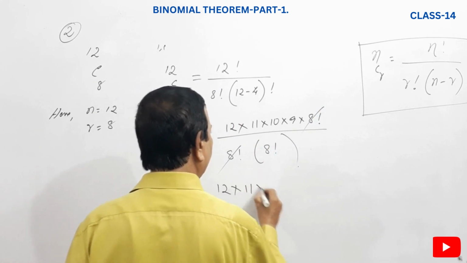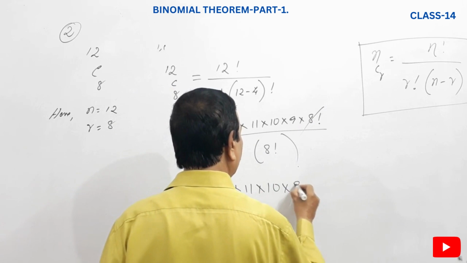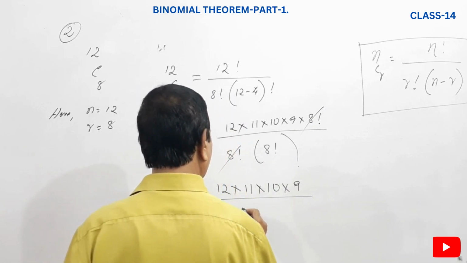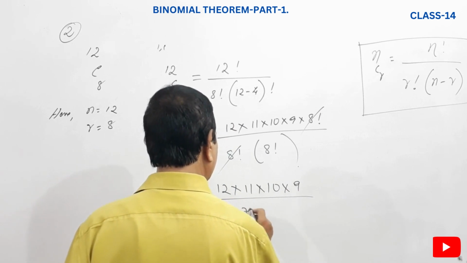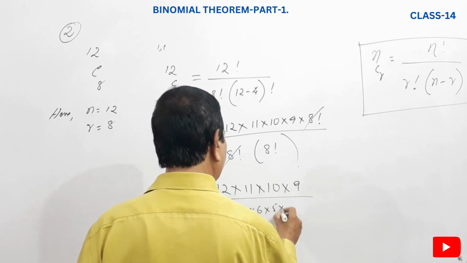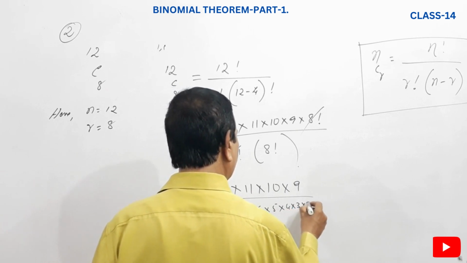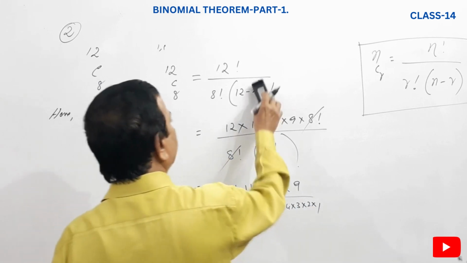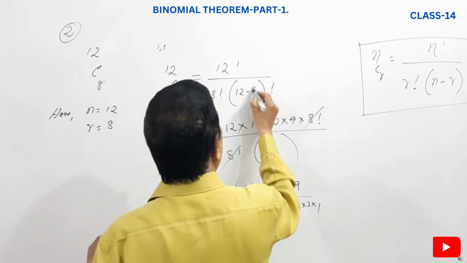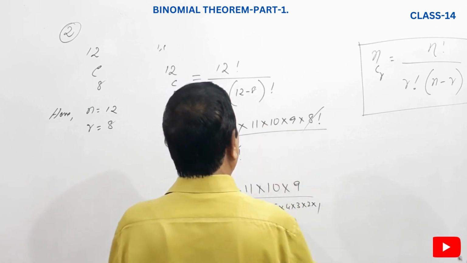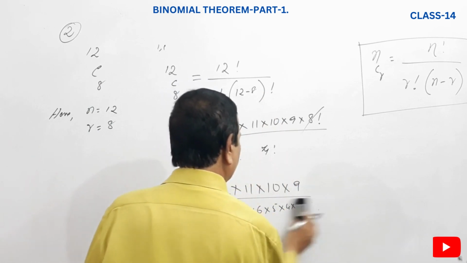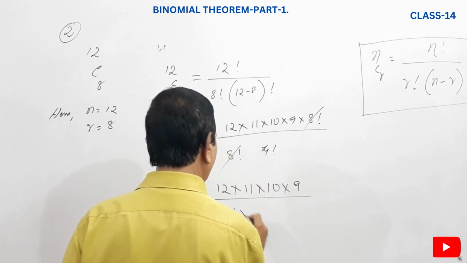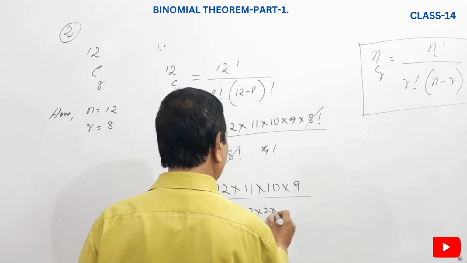So this is 12 into 11 into 10 into 9, divided by what? Sorry, this is 8 factorial, and 12 minus 8 is 4 factorial. Divided by 4 factorial, 8 is gone, this is 4, 3, 2 into 1.